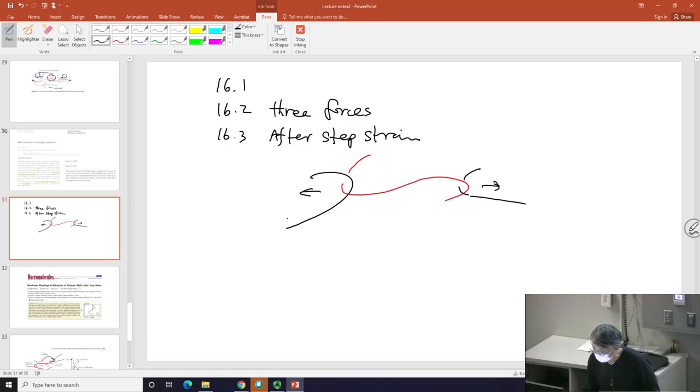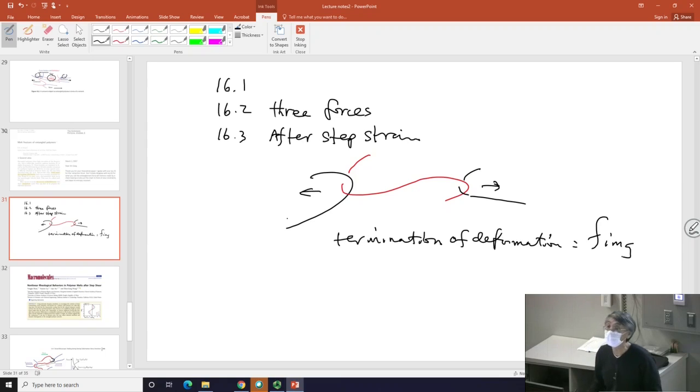So the termination of deformation means what? Means this gripping force is no longer displacing the test chain anymore. So there is a sense that you can say this gripping force is turned off. Okay?